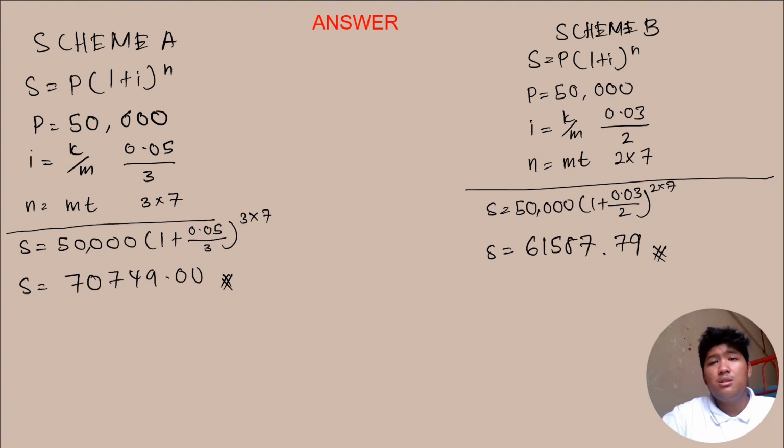So the calculation is S equals 50,000 in bracket 1 plus 0.03 over 2 close bracket the power of 14. The answer will be S equals 61,587.79. So Scheme A gives more profit to him.